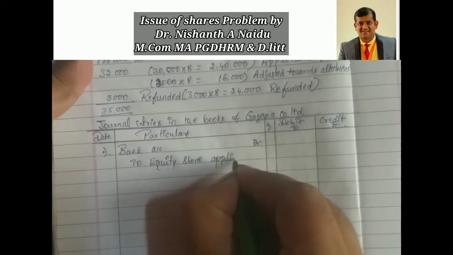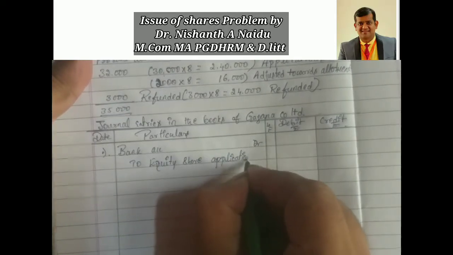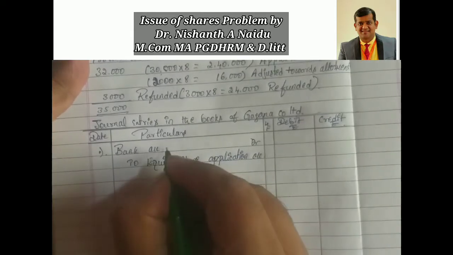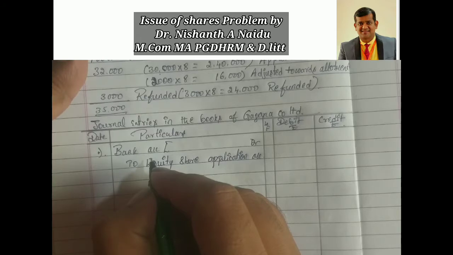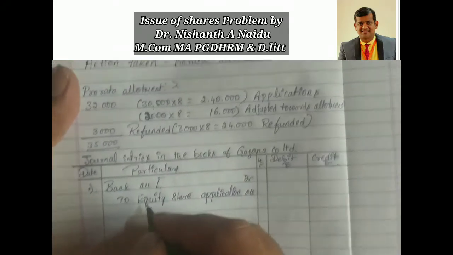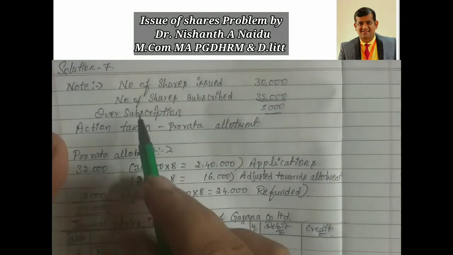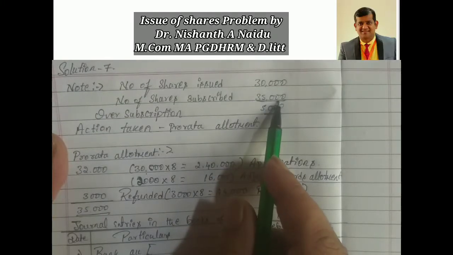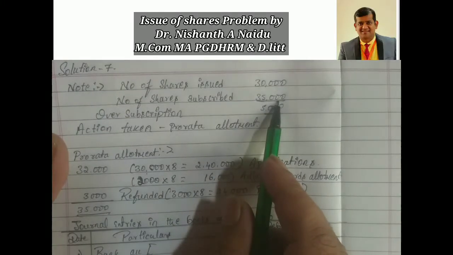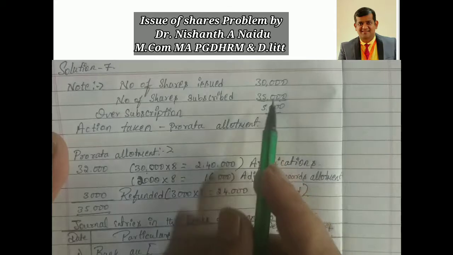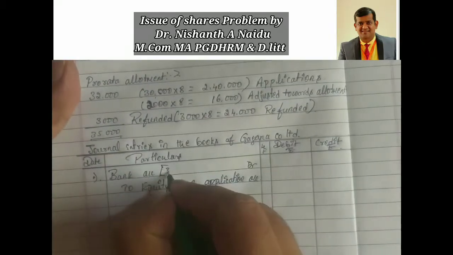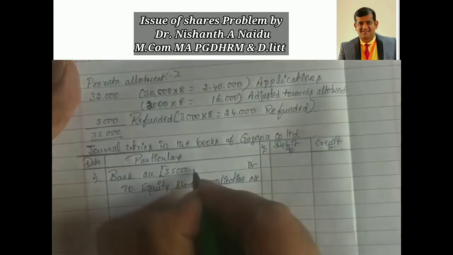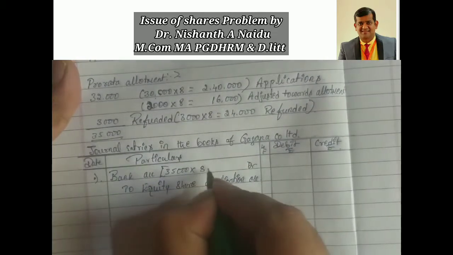How many applications were applied by the public or received by the company? The number of shares subscribed by the public is 35,000. So write down 35,000 into 8.